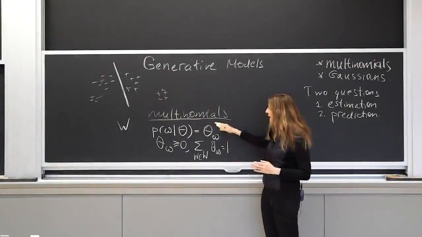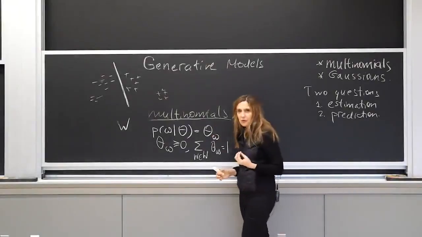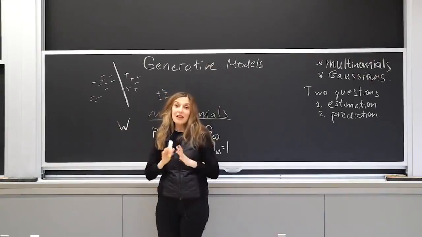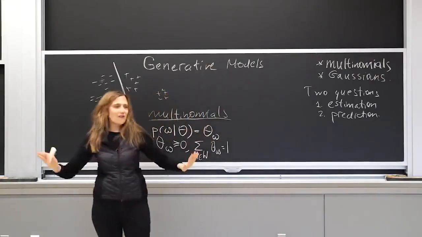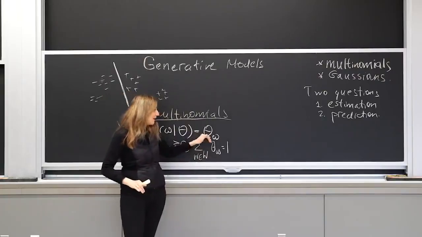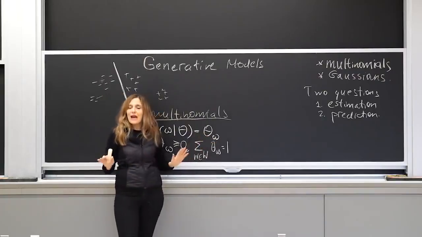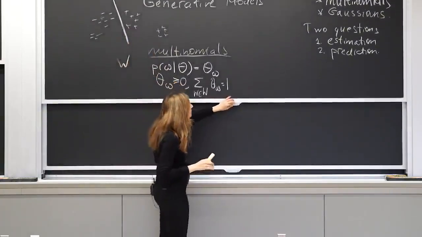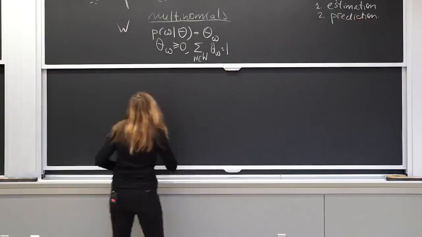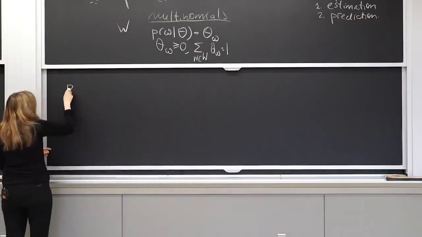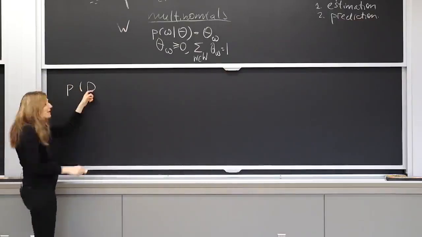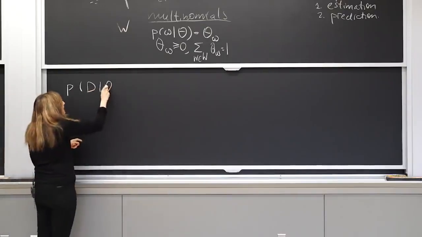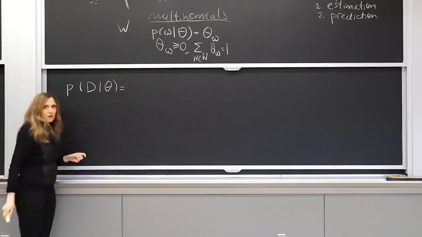So now, given that, how can I compute the likelihood of generating certain documents? So let's say somebody gave me all these theta W's, I have them. How do I compute the likelihood of generating a document? So we would assume that we have our document, and this is capital D, and I will use it throughout this lecture, given particular thetas, okay?